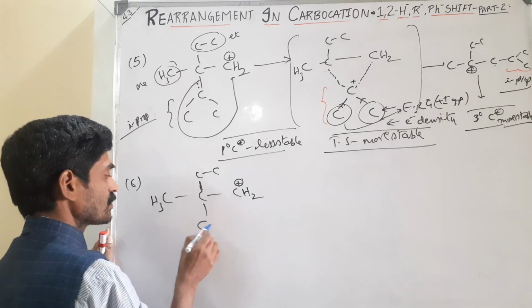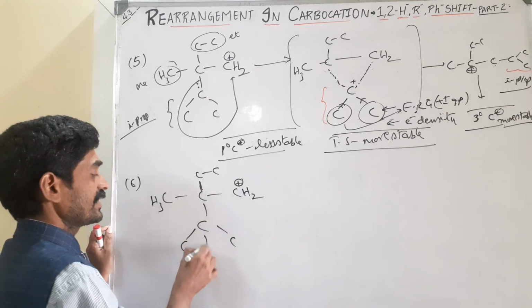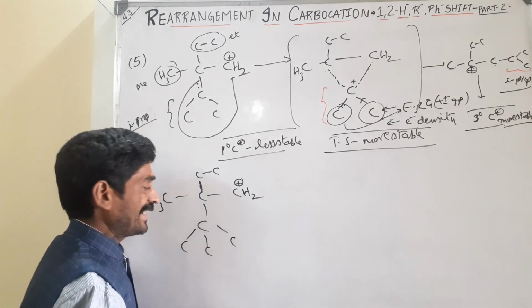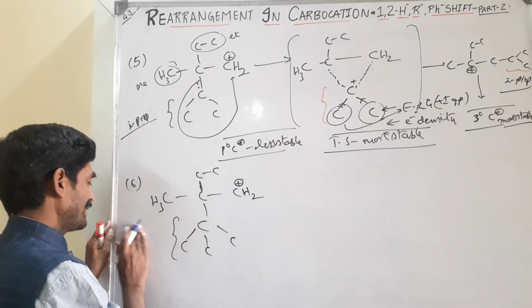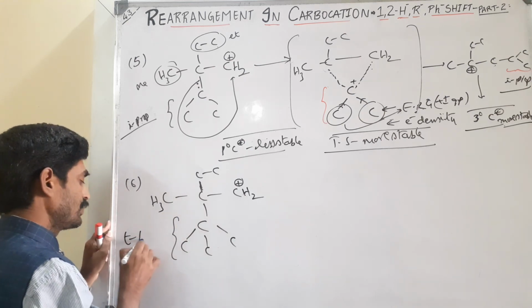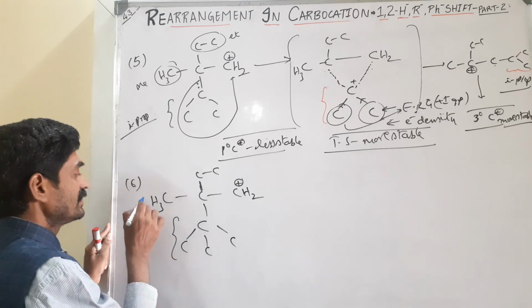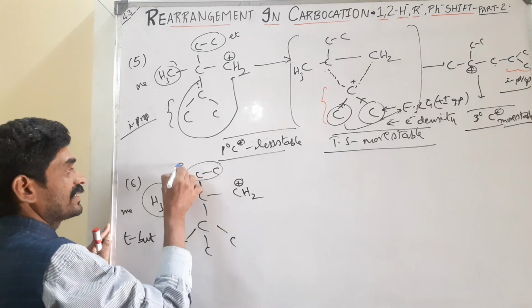And here previously there was an isopropyl group. Now I am making one small change, that is a methyl group. Now it is a tertiary butyl group, T-butyl. This is a methyl group and this is an ethyl group.